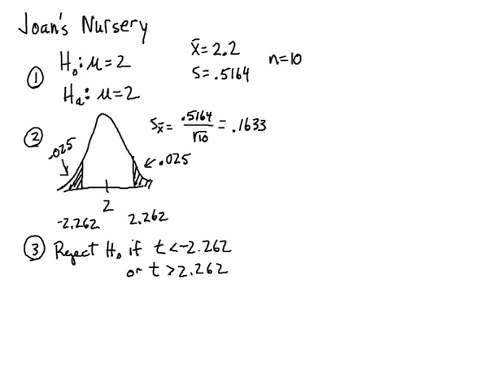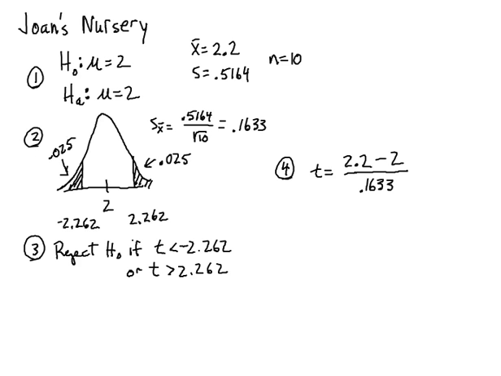Okay, step 4. To calculate that test statistic, I'm going to take my sample average, 2.2, subtract the average that's been claimed, and then divide by the standard deviation of the sampling distribution, or standard error of 0.1633.